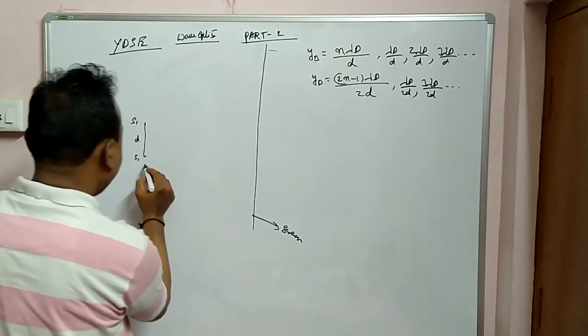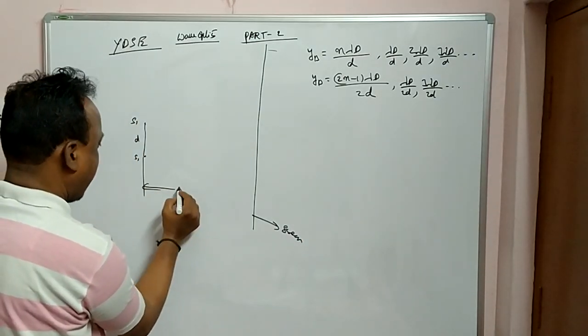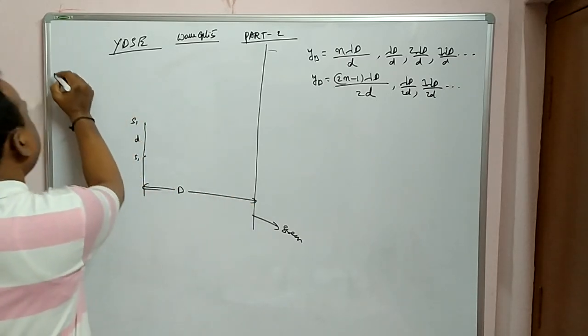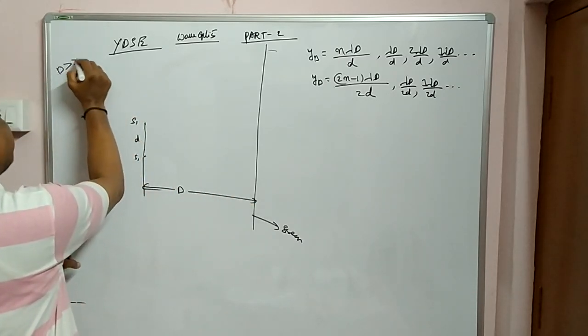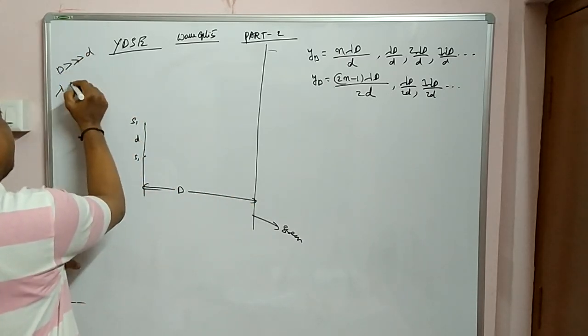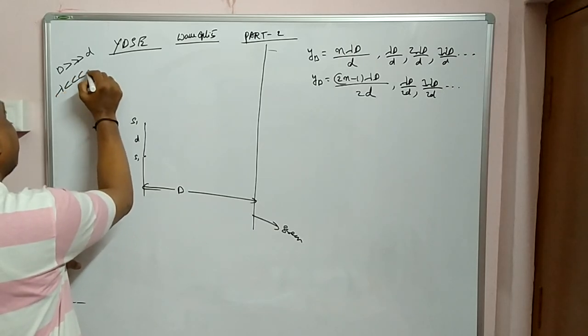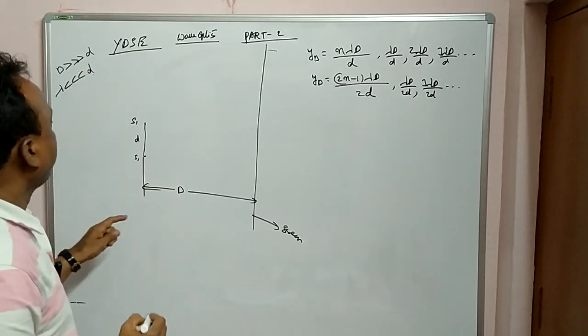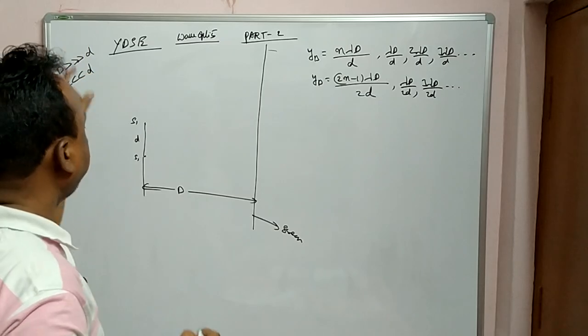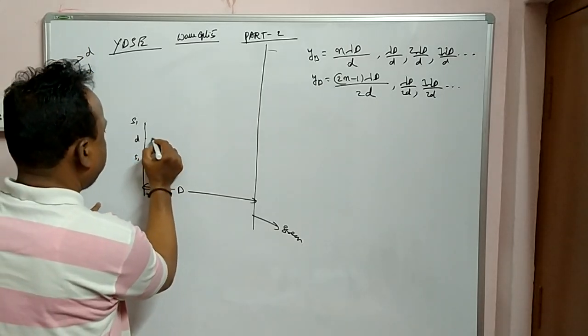The distance between the screen and the slits is maintained as capital D. And we know capital D is very much greater than small d, and lambda is very much less than small d, because lambda is in nanometers and d is in millimeters. And this is of course the central bright.